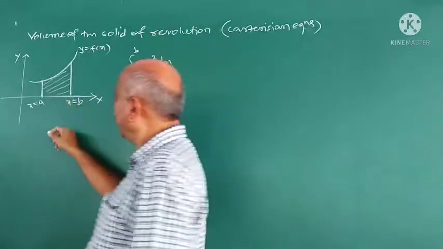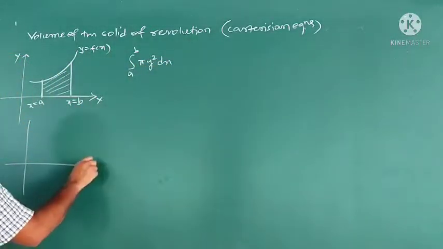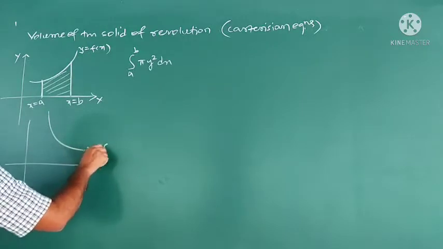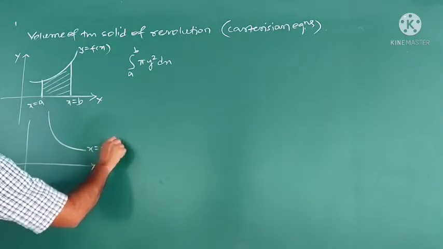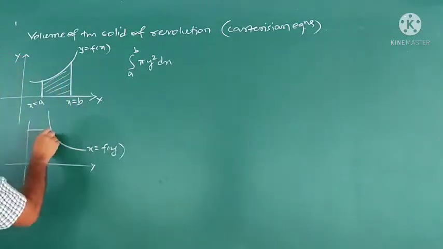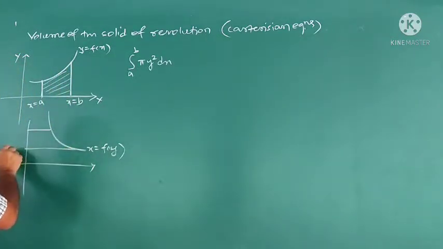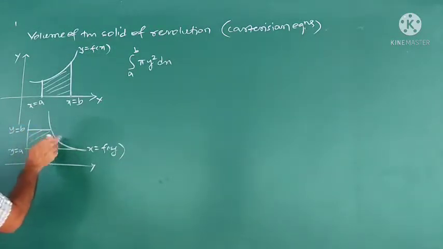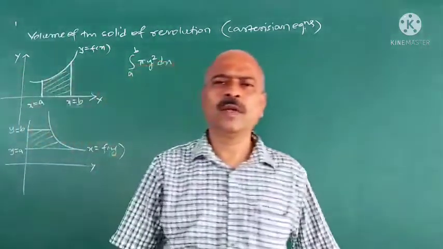Suppose this area is revolved about the y-axis. Suppose this is the curve, x equals f of y. We take the equation of the curve in the form x equals f of y. And the area under the curve, whose limits are y equal to a and y equal to b, is revolved about the y-axis.